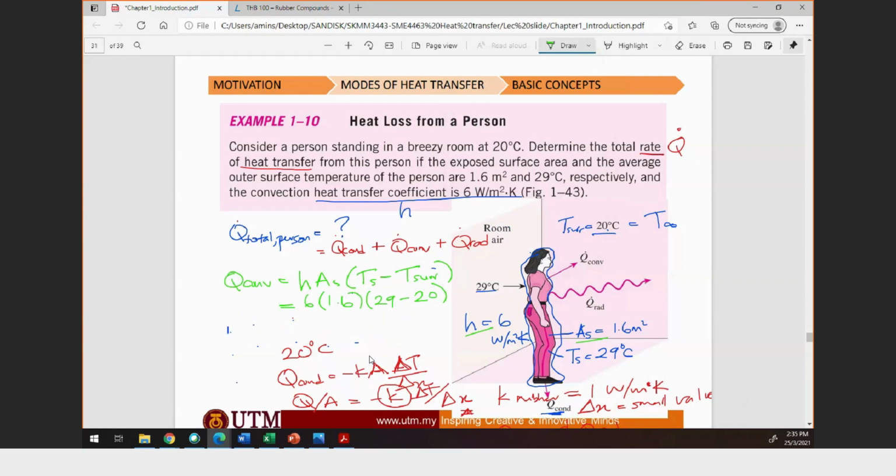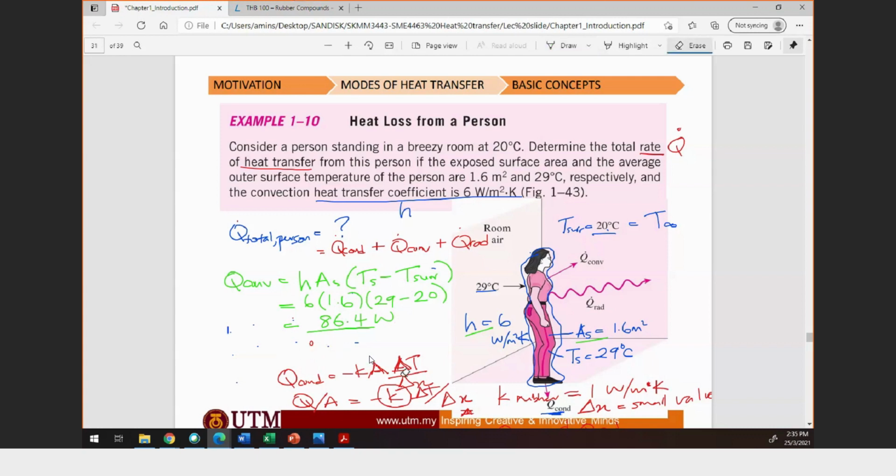Then you got this value. From the textbook, the value will be 86.4. That is for the convection.